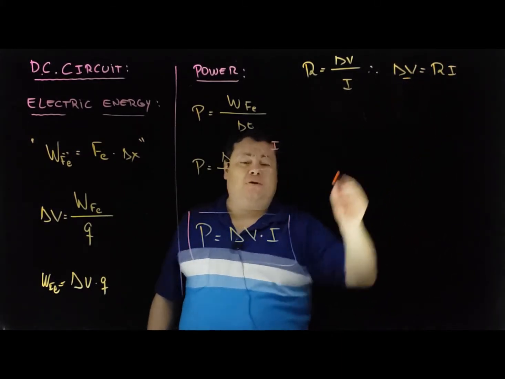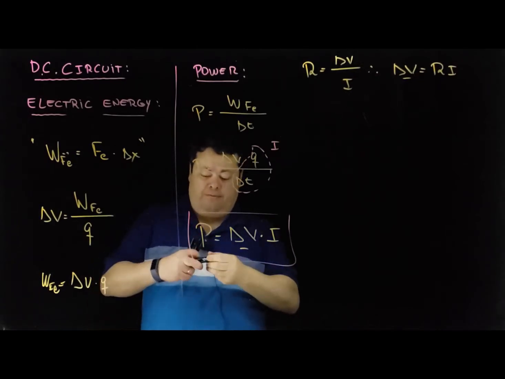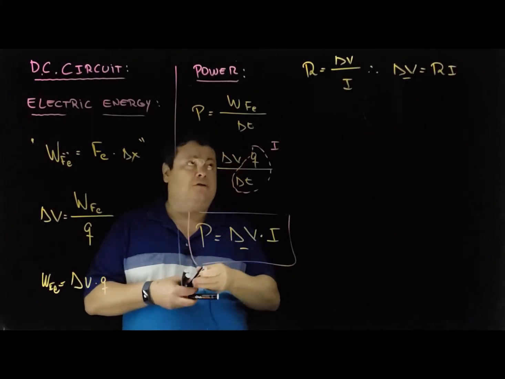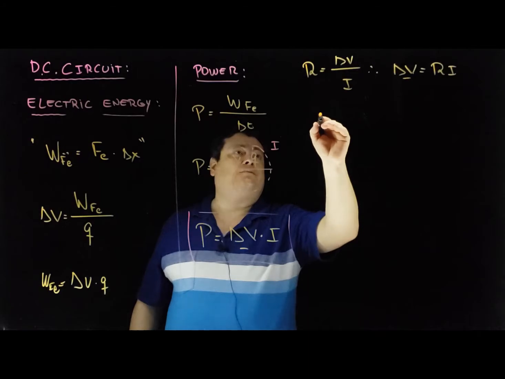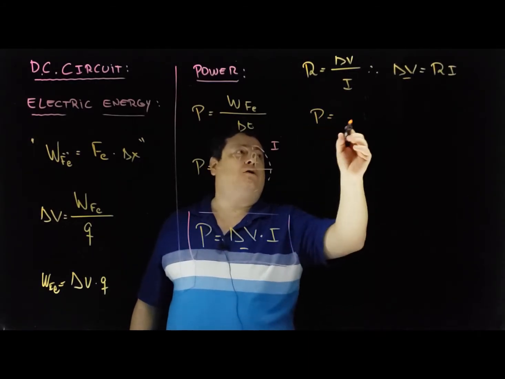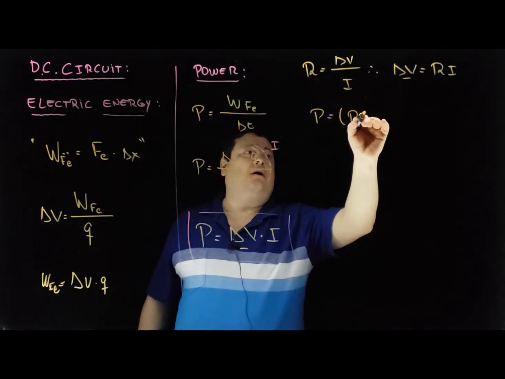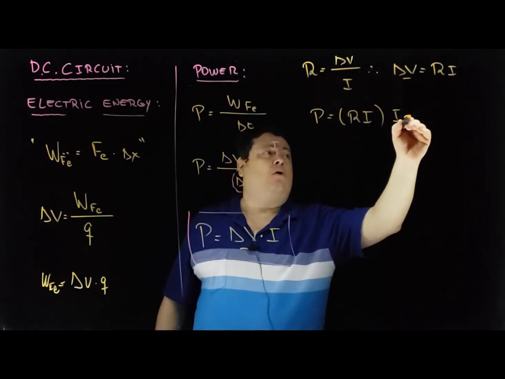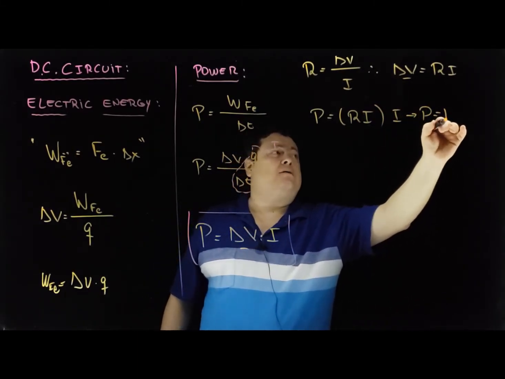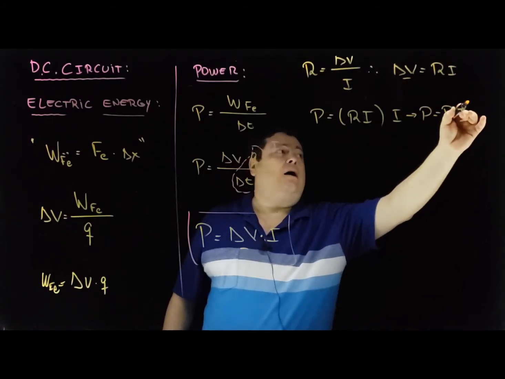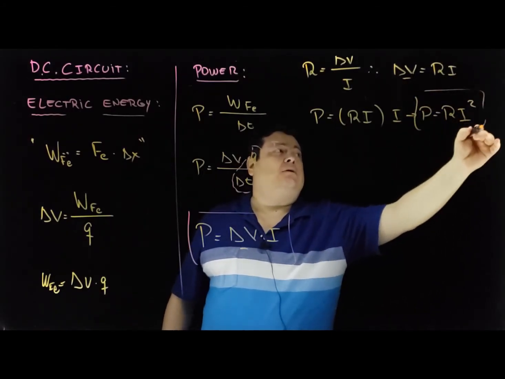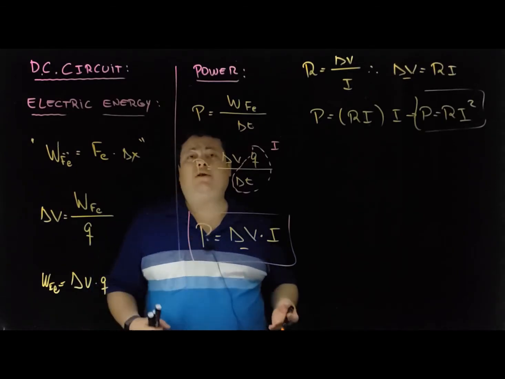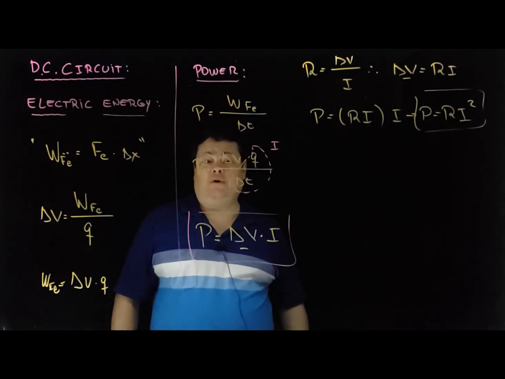If I take this result for delta V and plug it back into my first equation, power is going to be RI multiplied by I, or power is RI squared. And then we have a second equation for power.